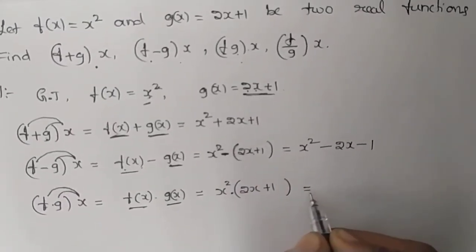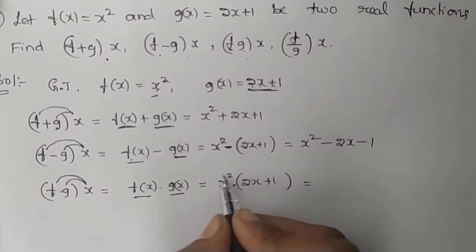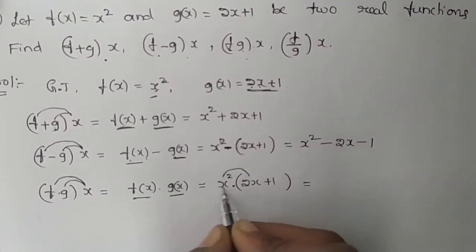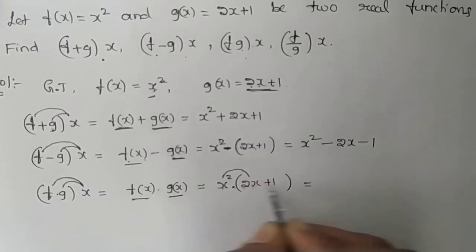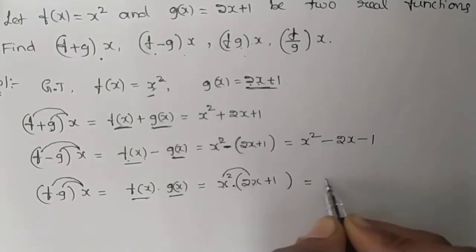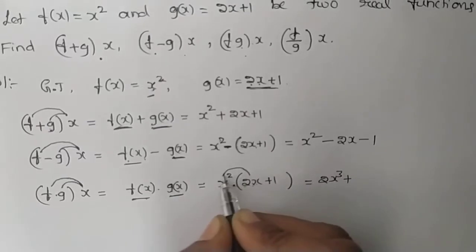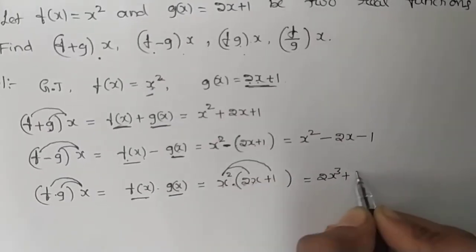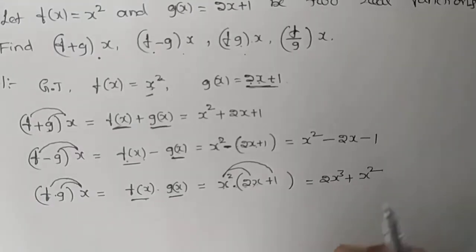Also, you just simplify it, multiply this x square inside the brackets. x square into 2x is 2x cube, x square into 1 is x square.